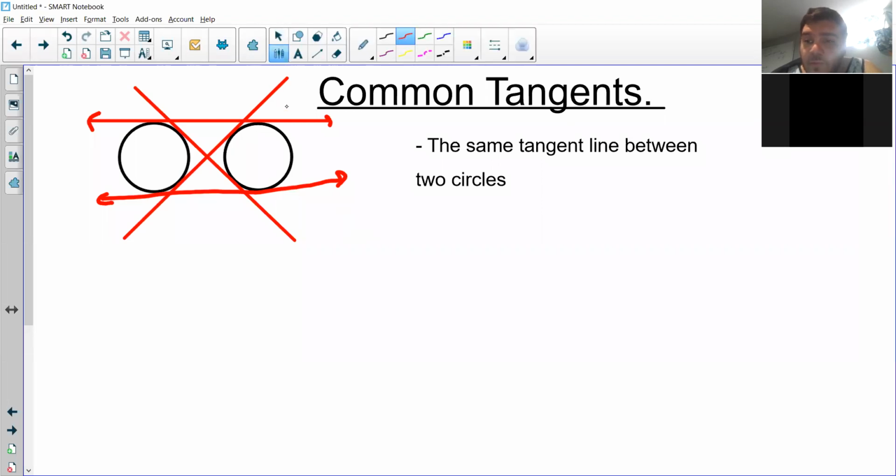So when you have two circles not touching each other, this one will have 1, 2, 3, 4 common tangents. These circles will have 4 common tangents. There are 4 lines that hit the circle exactly once on the edge. If it hits more than once, it stops being a tangent and starts being a secant, which is not useful to us. We want it as a tangent. So when 2 circles do not intersect, it's 4.